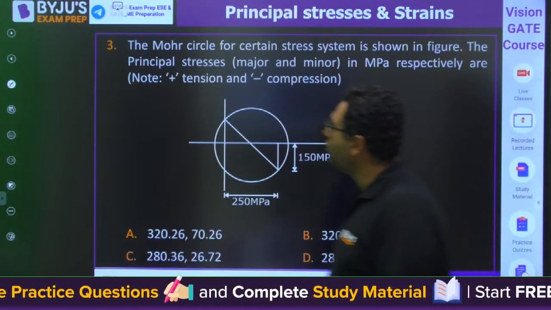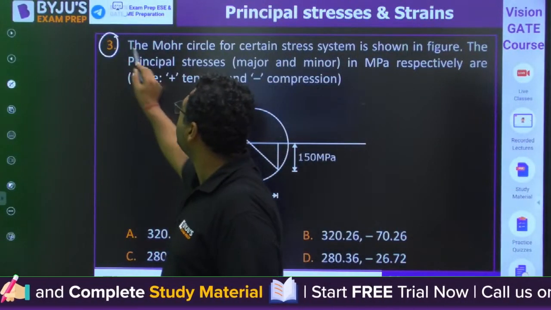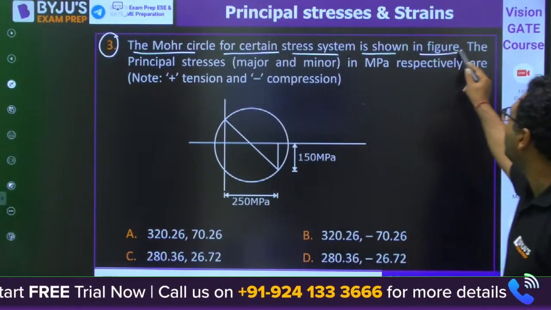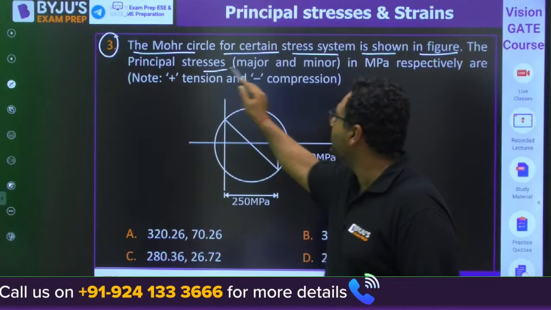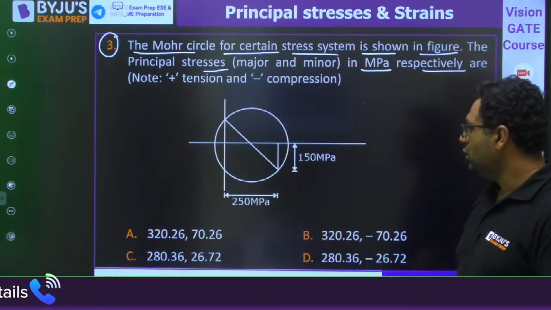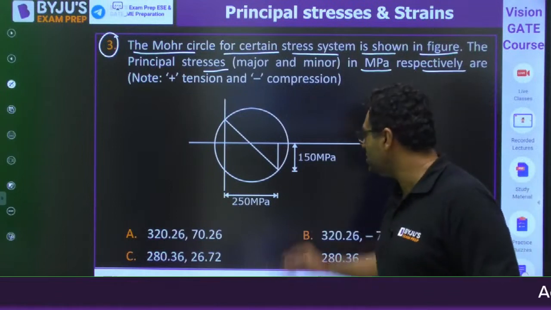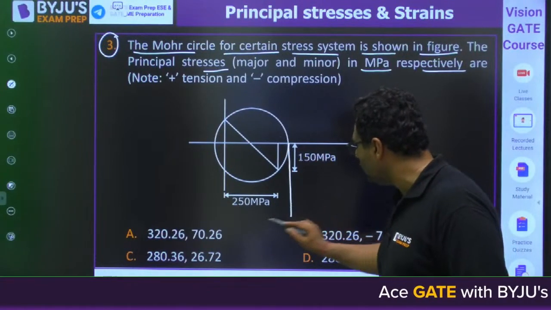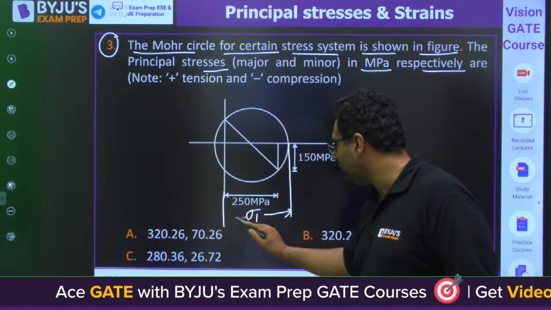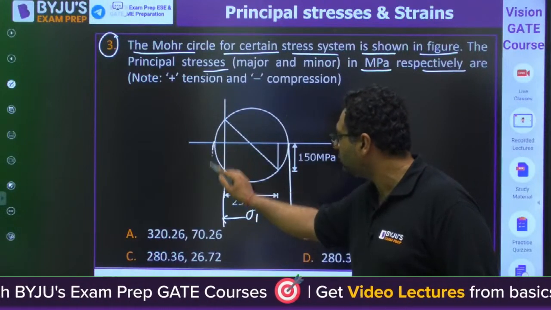This is the question from Mohr circle, guys. The Mohr circle for a certain stress system is shown in the figure. The principal stresses in MPa respectively are. You need to find out major and minor, means you need to find out this value. Everything is measured from the origin.